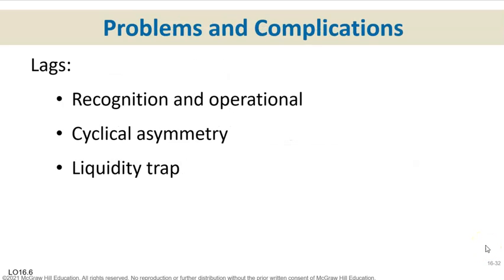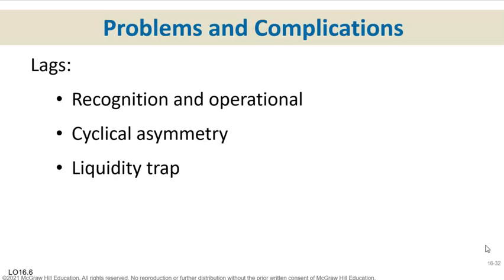Now let's talk about the problems with monetary policy. Similar to fiscal policy, there is going to be some lag time. The recognition lag time and the operational lag time are true with both monetary and fiscal policy. The second problem is cyclical asymmetry.